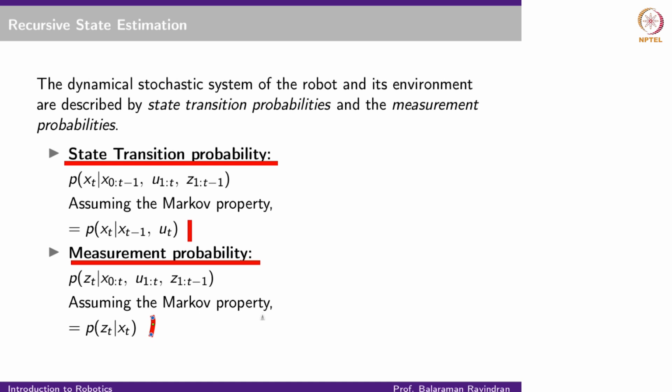And therefore I cannot exactly tell you what state I am in. The robot is not able to exactly measure the state it is in, and therefore has to look at a probabilistic estimate, right?